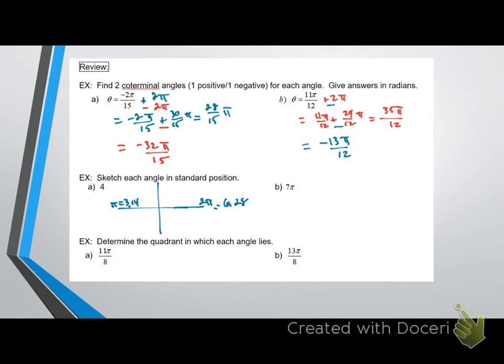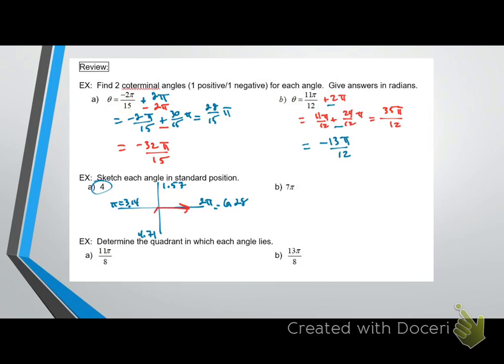Now take half a pi, and that'll be your positive y-axis. This is 1.57. And then for this last guy, go 3 times pi divided by 2, and you get 4.71.